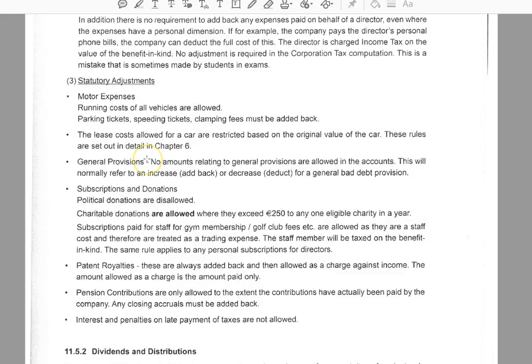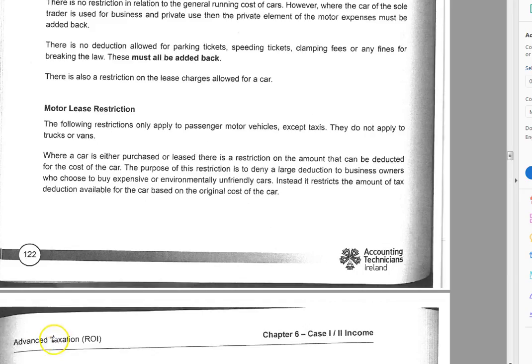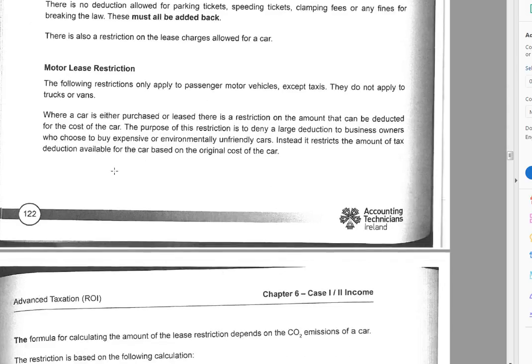So lease costs are in the book that you'll receive, but they're explained here as well. Due to environmental concerns, with expenses relating to cars, running expenses, sometimes you're not allowed to get all of them as an expense, or you're not allowed to deduct them for tax purposes.